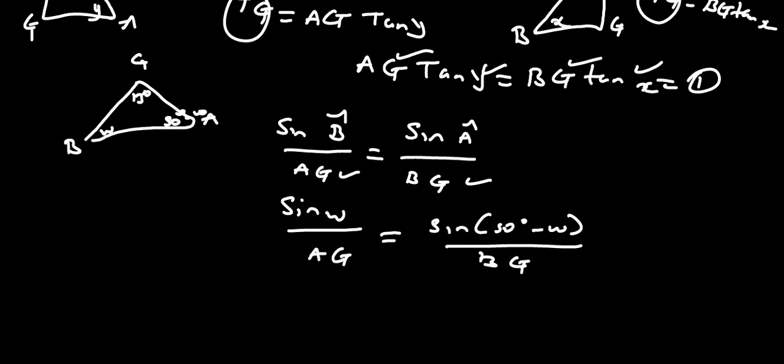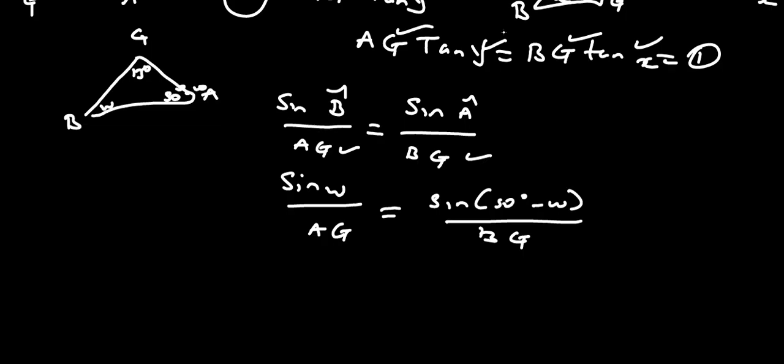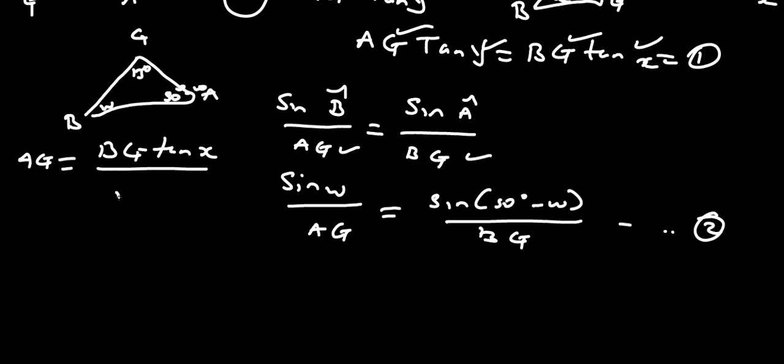Here I'm going to make one of these the subject. Let's call this equation 2. Let me use AG. AG is going to be BG tan X divided by tan Y. So at least we've managed to put that tan X up.